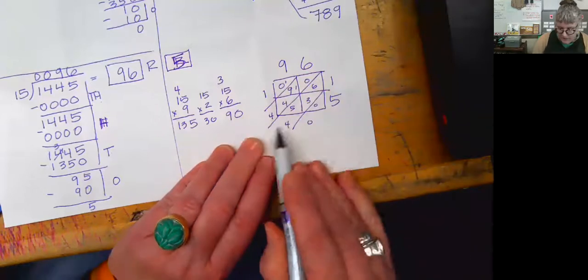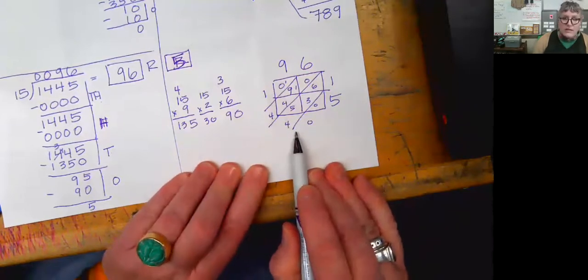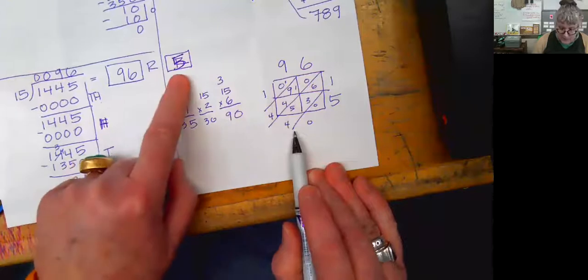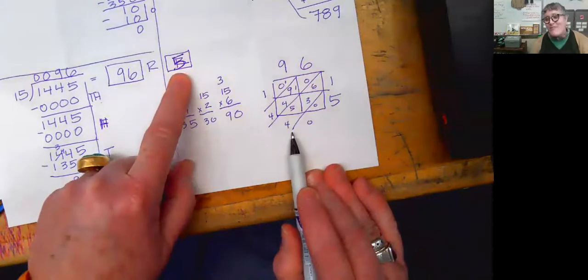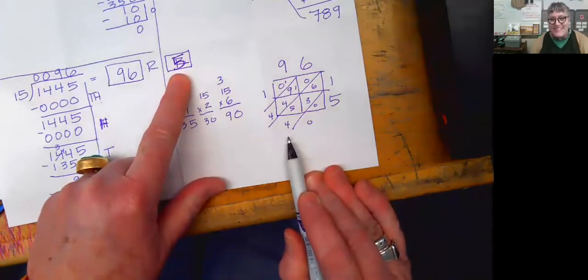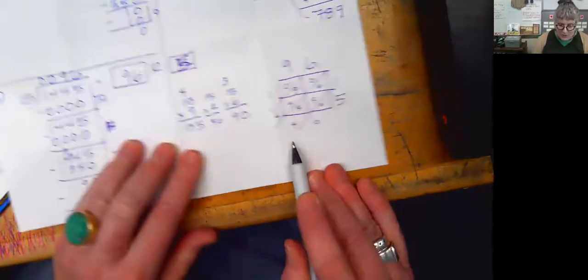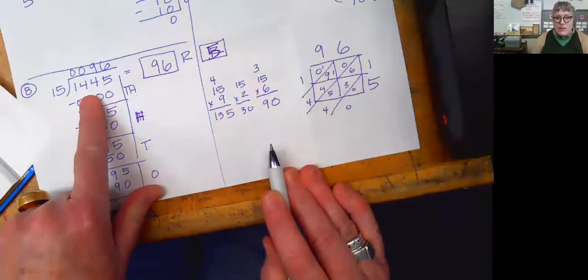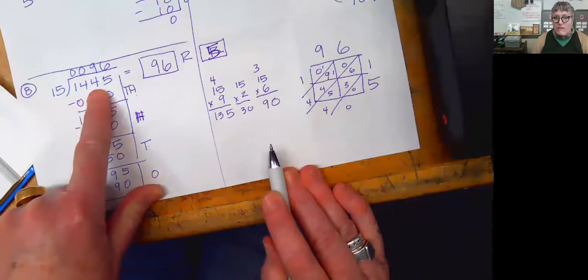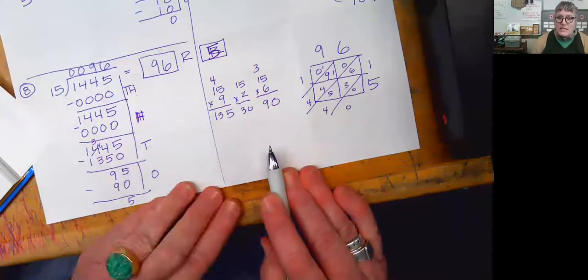So we got 1440, plus we have to add the remainder, which first I wrote was R. It's actually 5. So our answer is 1,445. And so we know we did it correctly.